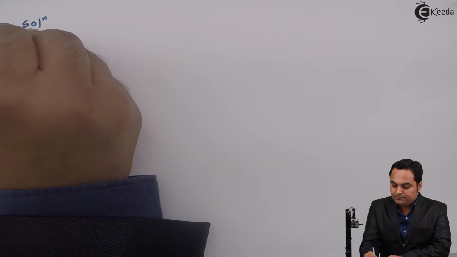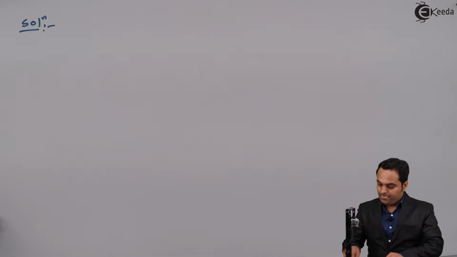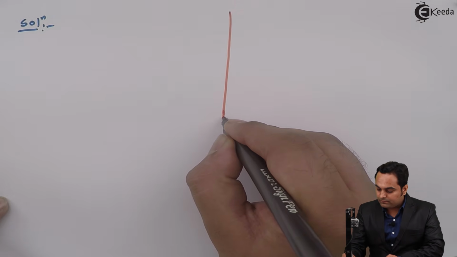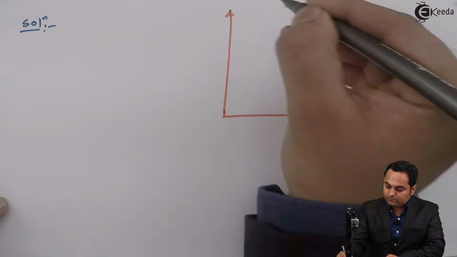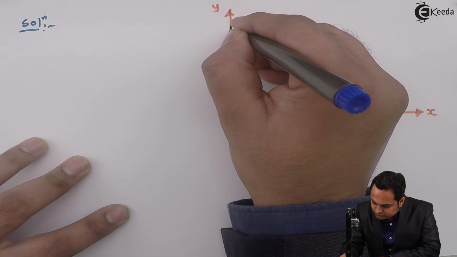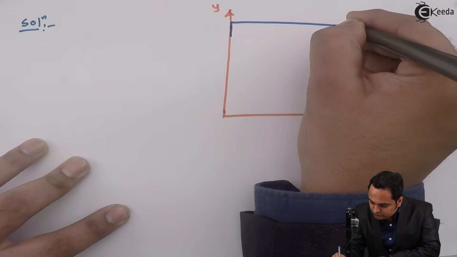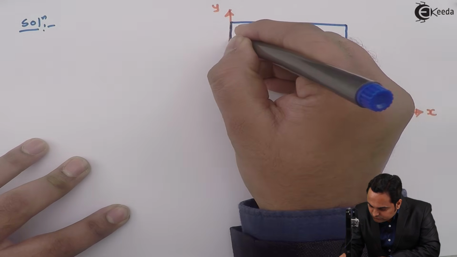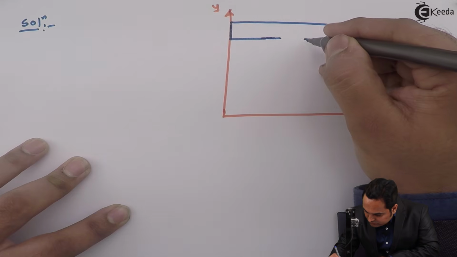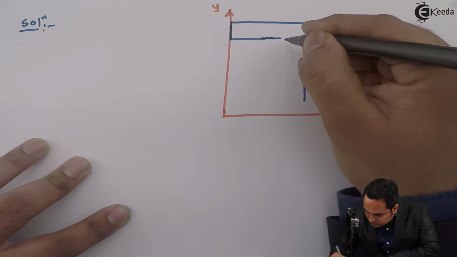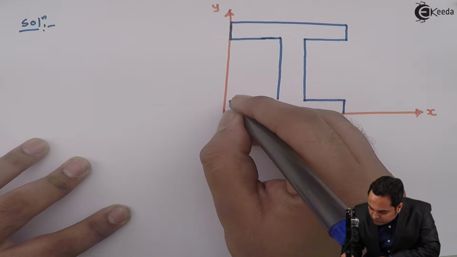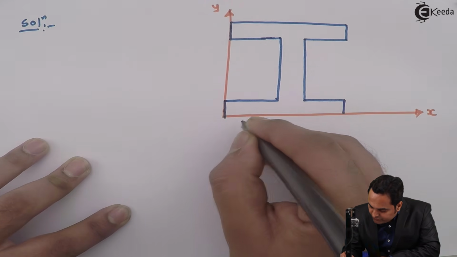Now in this solution part, the first thing I'll do is draw the I section. Here I am drawing the diagram of the given I section.